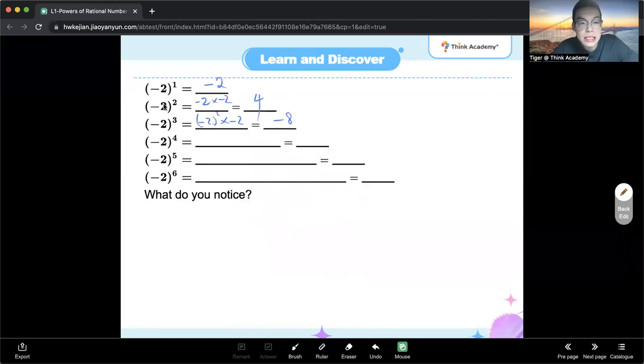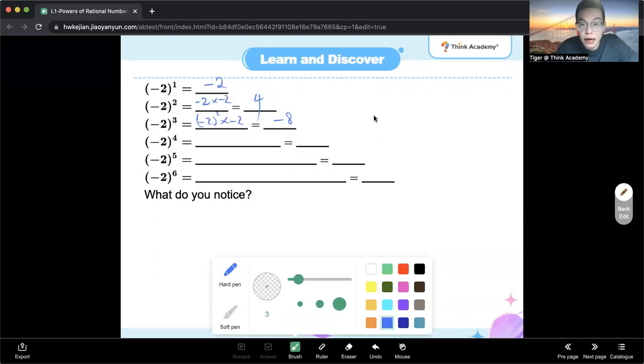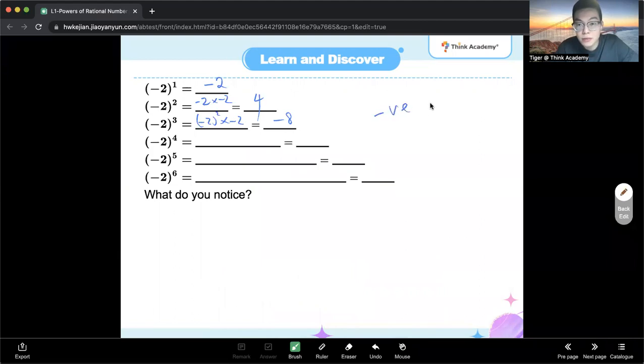But then, since this time we are taking the powers of a negative number, we need to notice whether the outcome is going to be positive or negative. Basically, we know that 2 negatives make a positive. So if I have 2 negatives, that's going to be a positive, right?